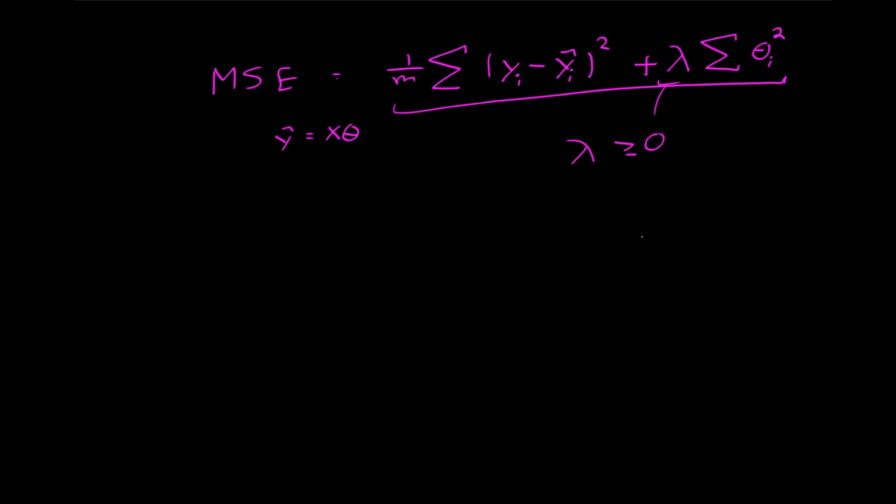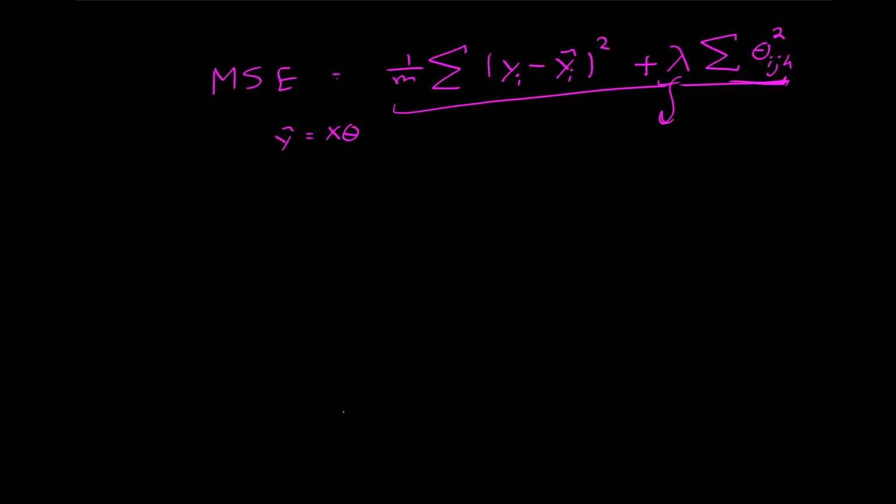You can do exactly the same thing in a neural network. The only difference, of course, is that it's like a triple sum. But basically, you just need to put a penalty on each of the parameters of the neural network, and you can use this lambda, the regularization term, to control how complex the model gets.